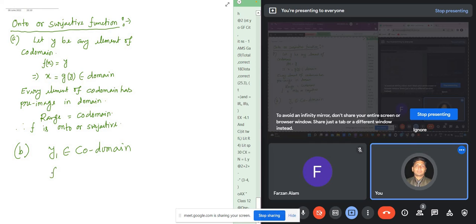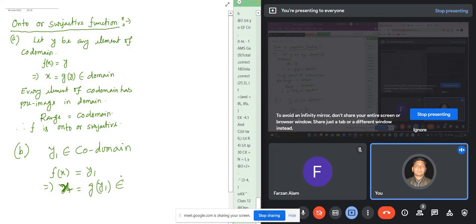Then you write f(x) equals y1. Then after solving, you will get the value of x in terms of y1.